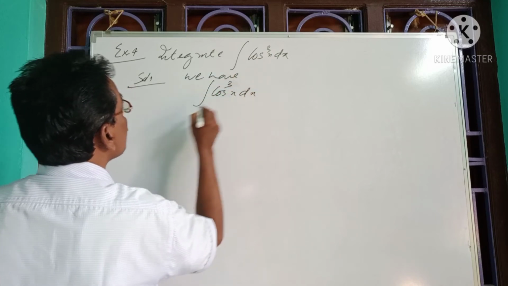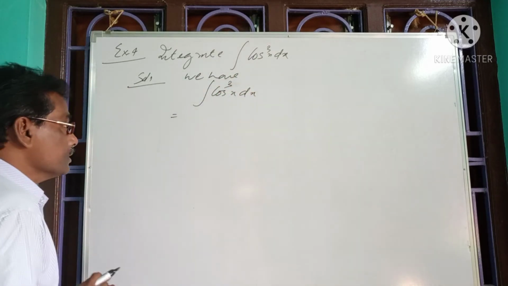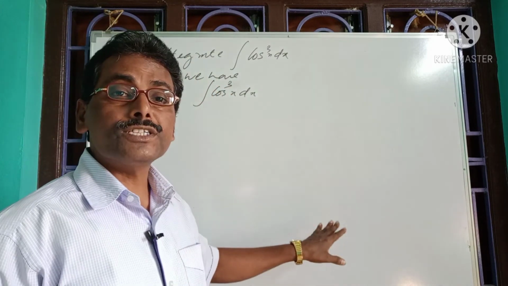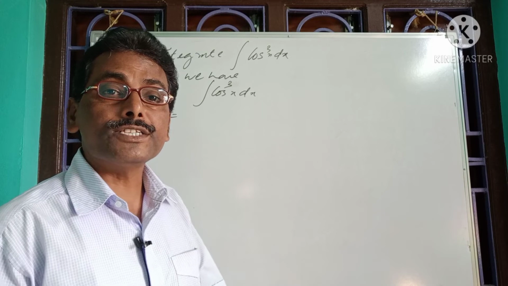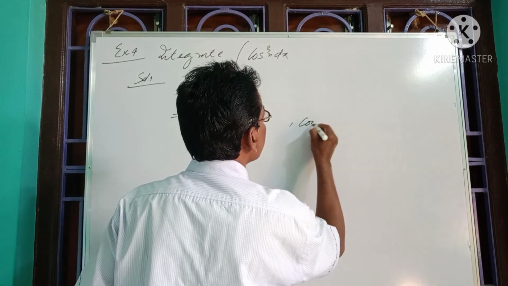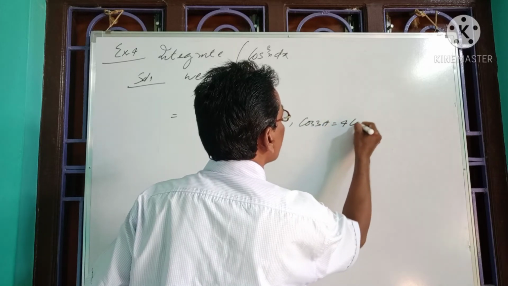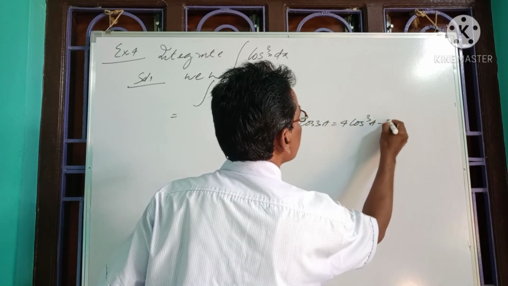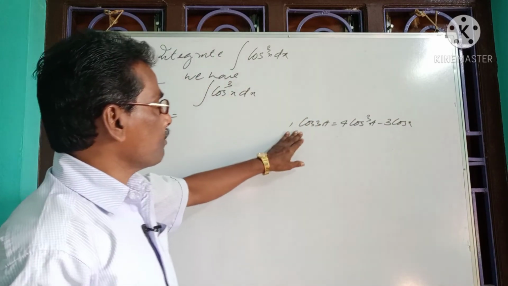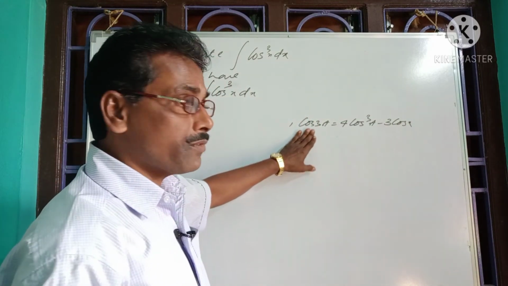with respect to x. So to transform cos cubed x into standard form, because it is not in standard form, we have to recall the formula, that is cos 3A. So recall the formula: cos 3A is equal to 4 cos cubed A minus 3 cos A. This is a formula for trigonometric ratios of multiple angles.